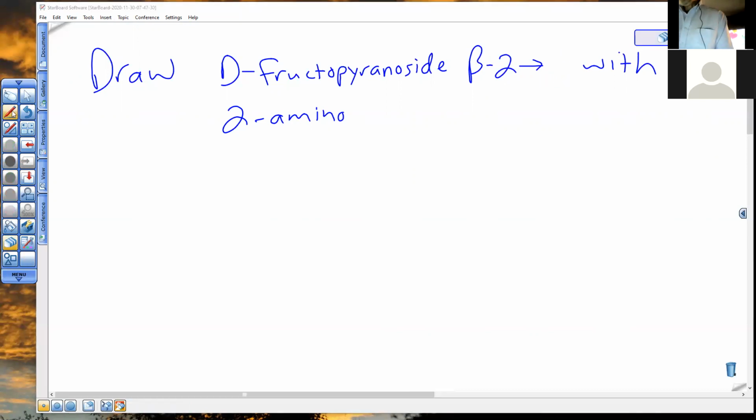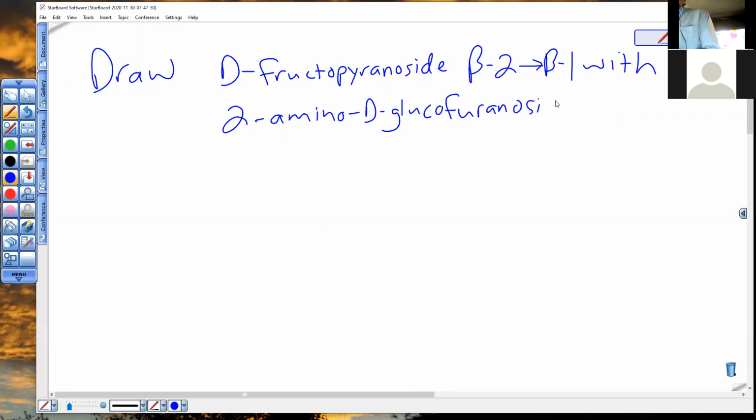Don't have to do a whole bunch of apologizing later here. To beta 1. Yeah, there's 2 Greek letters in the middle with 2 amino D-glucofuranoside. Wow. There's a lot there, isn't there?